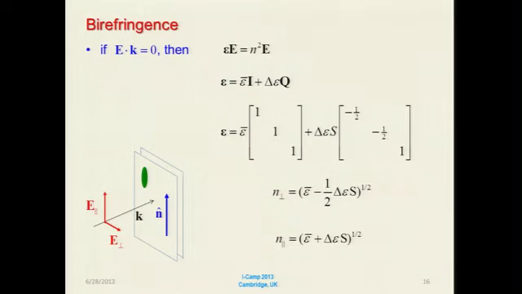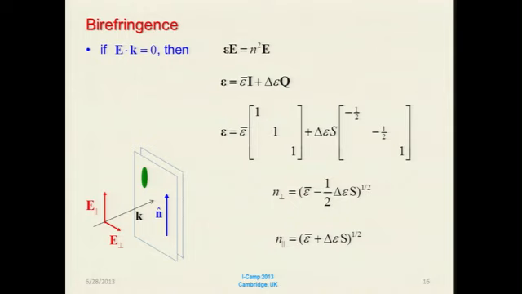Now, where does the birefringence come from? So if the field is perpendicular to k, then you can throw away the second term in the Maxwell equation, the wave equation, and you can rearrange things to look like this. Epsilon is just this linear combination. So it's the identity plus the order parameter tensor written in terms of the director and the scalar order parameter.